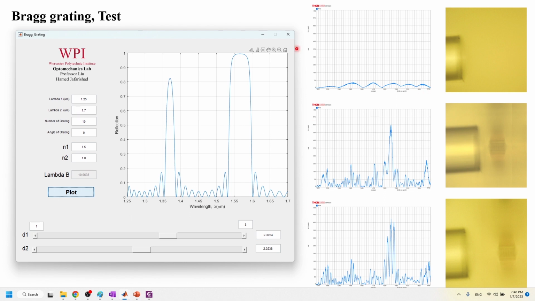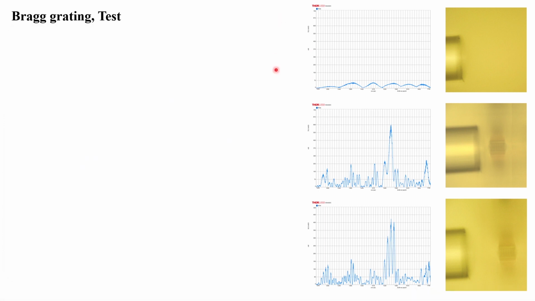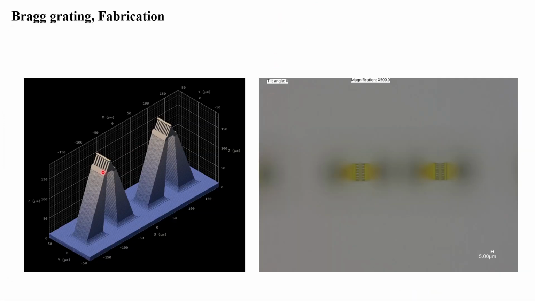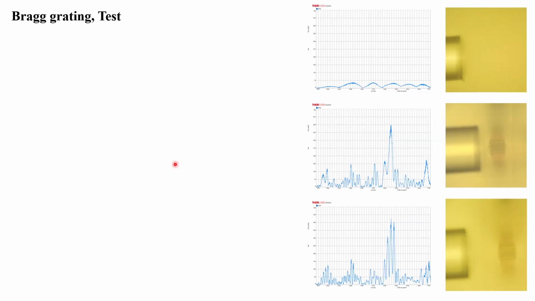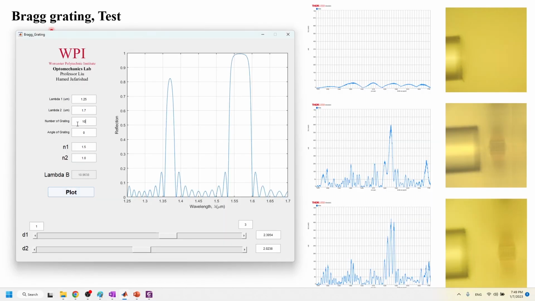For the number of gratings, if I go back to the previous slide, this one is the grating that we tested with, basically 3 micron by 3 micron, and we have 7 gratings here. So in the program, for the number of gratings, we have 7.